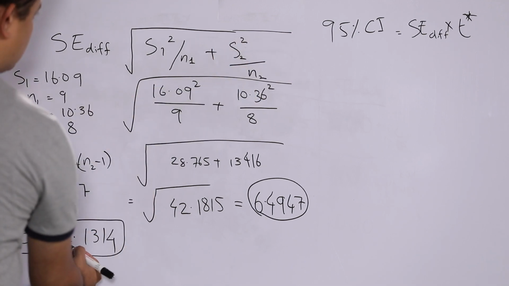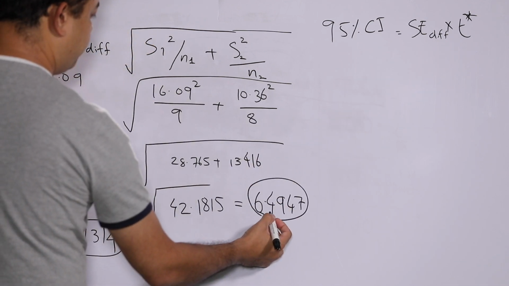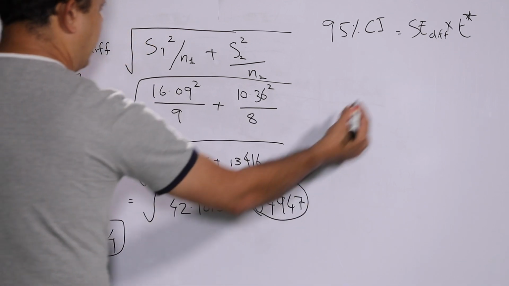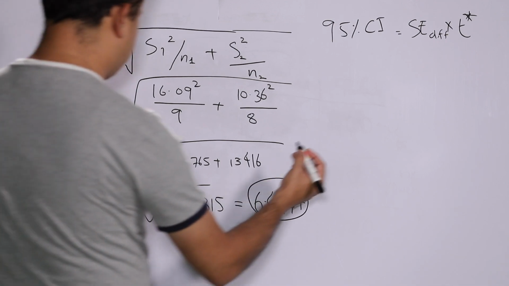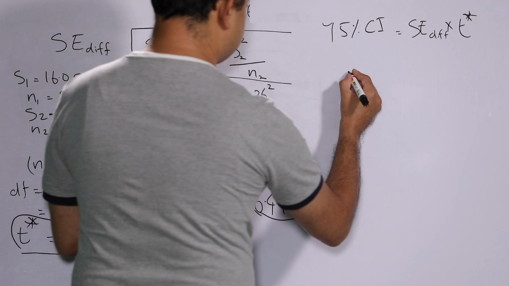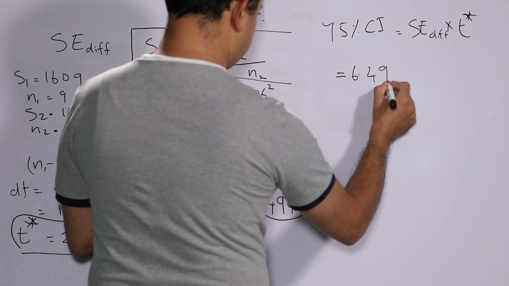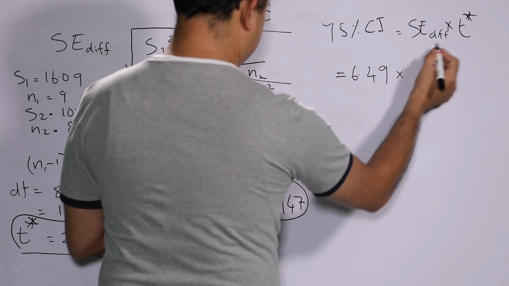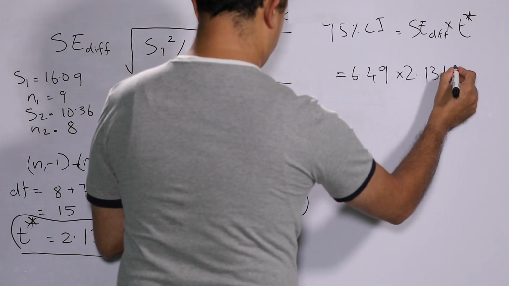Let us plug this into the equation. The SE differences we already calculated is 6.4947, and T star is 2.1314. So that is 6.49 multiplied by the T star, 2.1314.